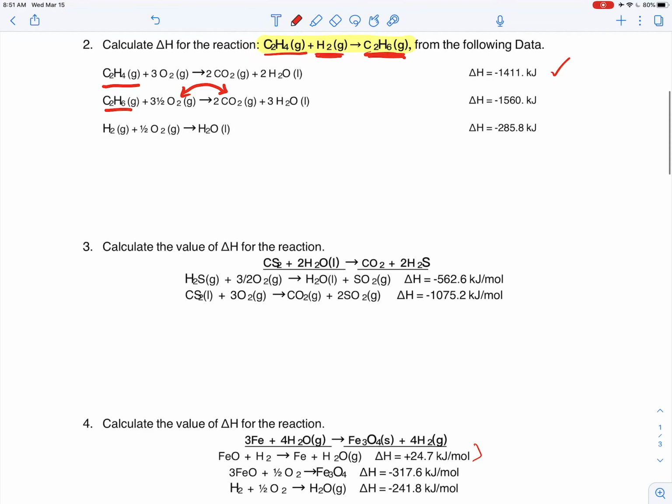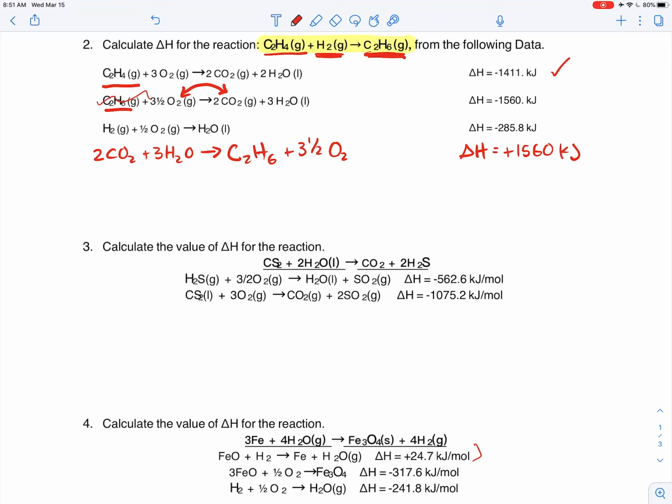I'm going to rewrite it. 2CO2 plus 3 H2Os. And remember, whenever you flip an equation around, when you switch the sides, we're going to change the sign on the delta H as well. So instead of negative, it becomes positive 1560.